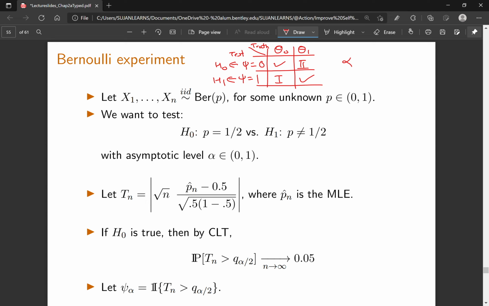When we talk about type 1 error, we really are talking about null hypothesis. That is, we are talking about theta naught. We really want the theta to be in theta naught to make a type 1 error. It is obvious from the fact and by looking at this grid.